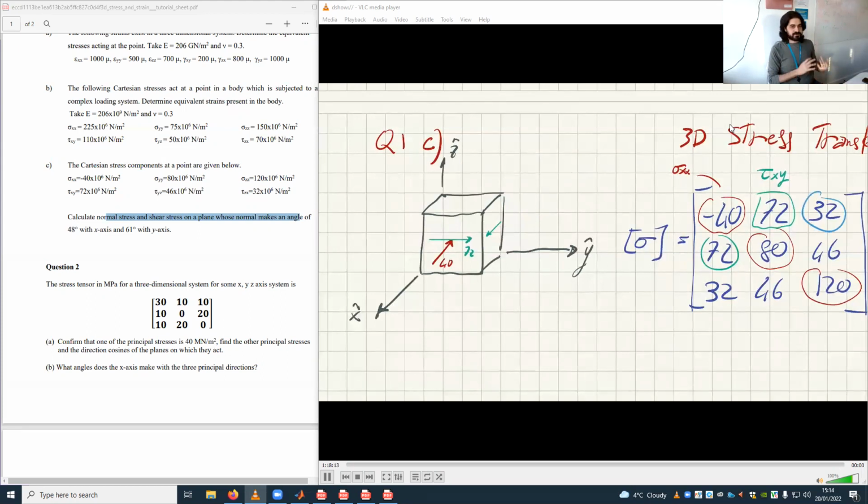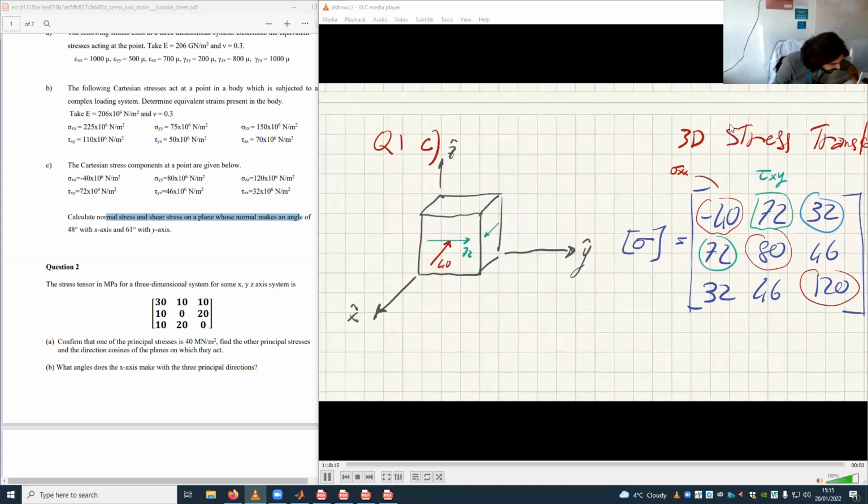So it lives on the x face, but in the other direction, z. And this is 32. And of course, we have another one here that must meet it, which is also 32, because it's this one here, and it's tau zx, lives on the z face in direction x.